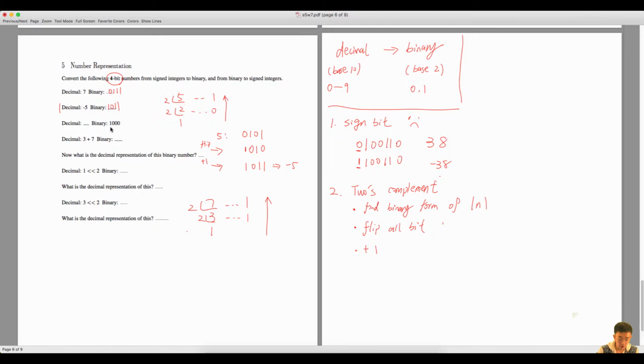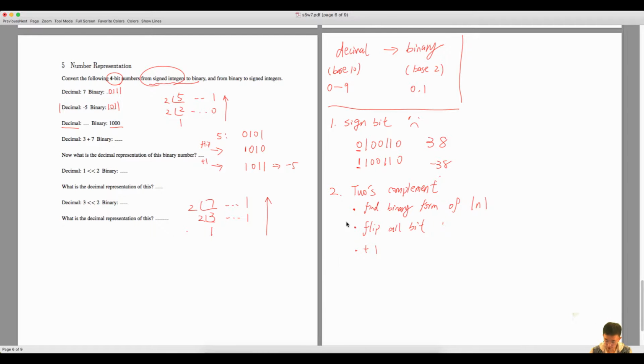And then we want to change from binary to decimal. And remember, this is used to represent a signed integer. So we need to think of what it means to be a 2's complement binary number.